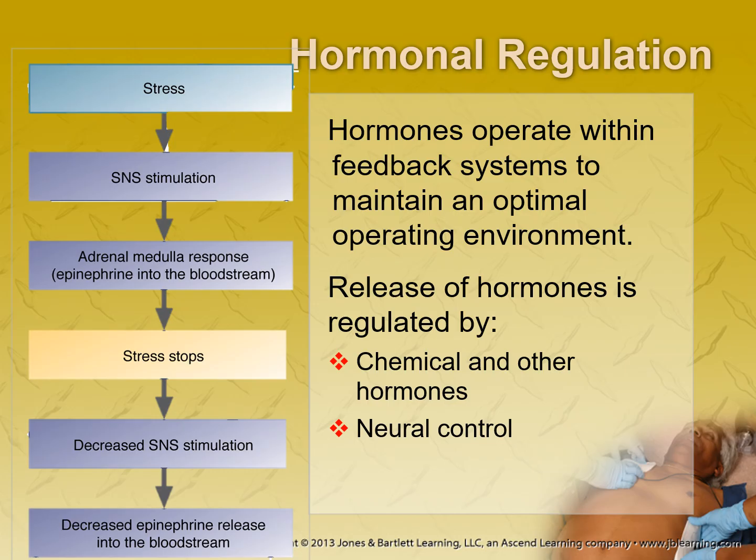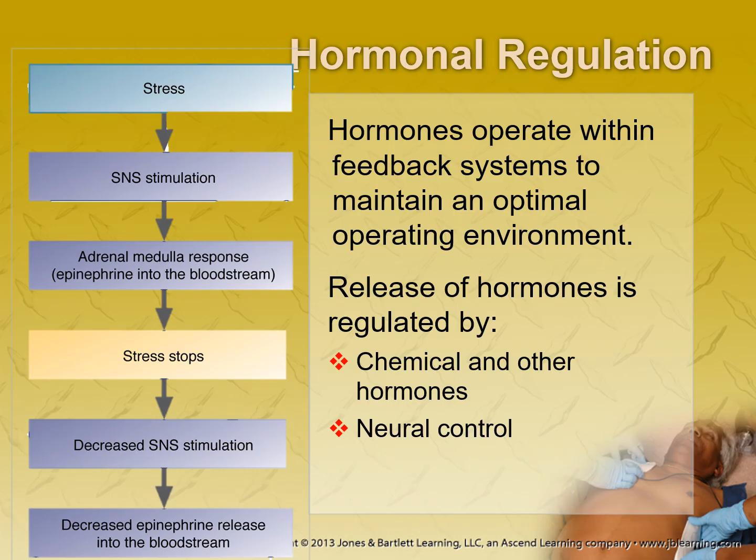As our body gets stressed, our sympathetic nervous system will be stimulated. The adrenal medulla will respond with epi in the bloodstream. At the same time, our nervous system is going to be taking care of the same kind of stuff, increasing respirations, increasing our chronotropic and inotropic properties of our heart. All of that will occur. Then the stress will stop and will decrease the amount of adrenaline, decrease the nervous stimulation, and we'll go back to normal.